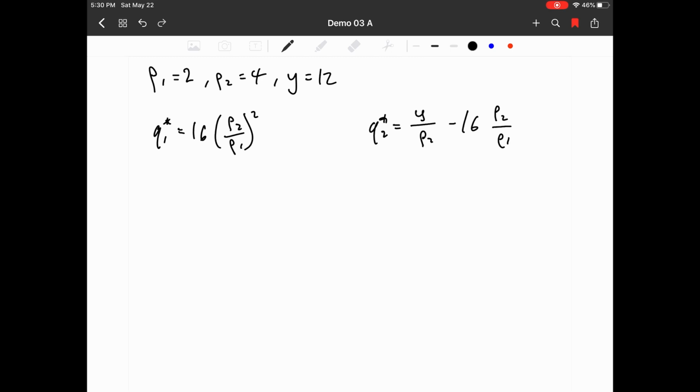So our problem here is just essentially plugging in the numbers and solving for the quantities. So first, for Q1, we have 16 times the ratio 4 over 2 squared. And this just comes out to be 16 times 2 squared, which is 4. And that's just Q1 star is equal to 64.